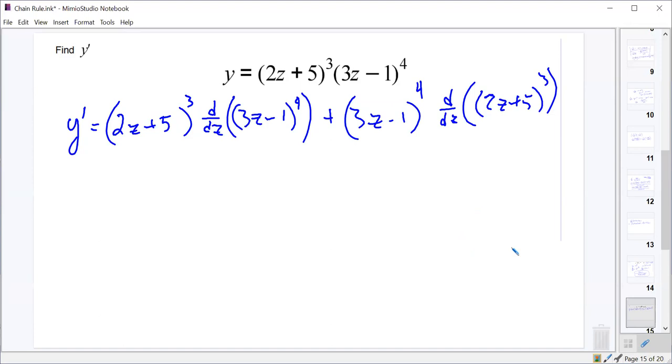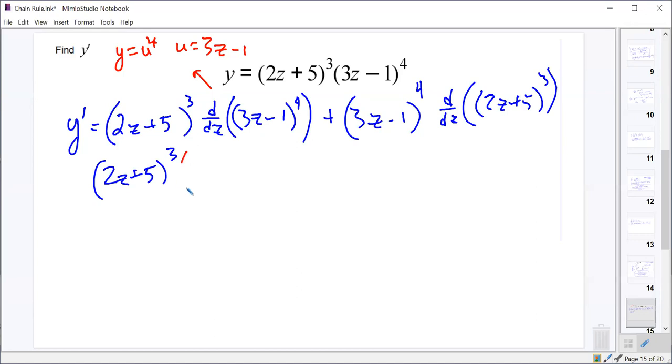All right, so let's find these derivatives that we need. So 2z plus 5 to the 3rd is still 2z plus 5 to the 3rd, but how are we going to find the derivative of 3z minus 1 to the 4th? Chain rule. So this is, let's just call it y equals u to the 4th, with u equal to 3z minus 1.